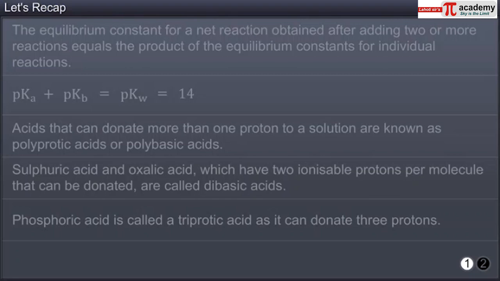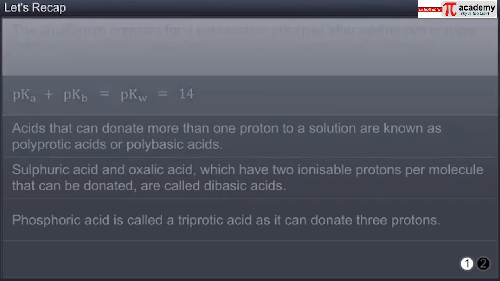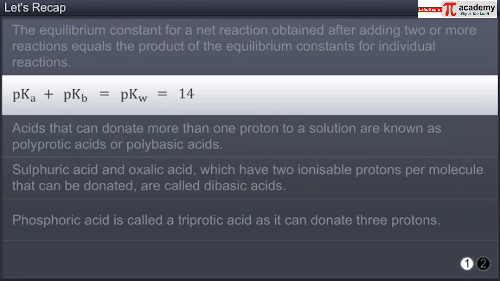You have now reached the end of this module. In this module, you learned that the equilibrium constant for a net reaction obtained after adding two or more reactions equals the product of the equilibrium constants for individual reactions. pKa plus pKb is equal to pKw, which is equal to 14.